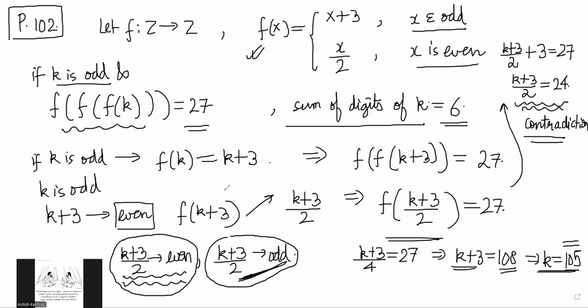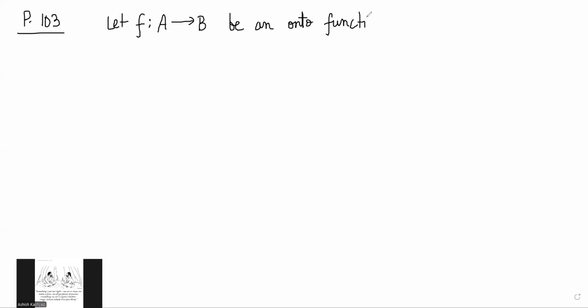A simple problem, but you have to think a little bit about how to split the function that is given, right? Let's go on to the next one, problem 103. And here we have, let f be an onto function from A to B, where A is equal to {1, 2, 3, 4}, B is equal to {a, b, c}.